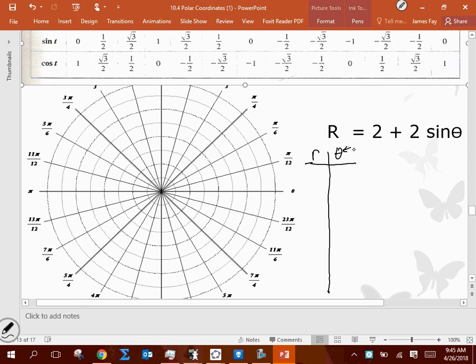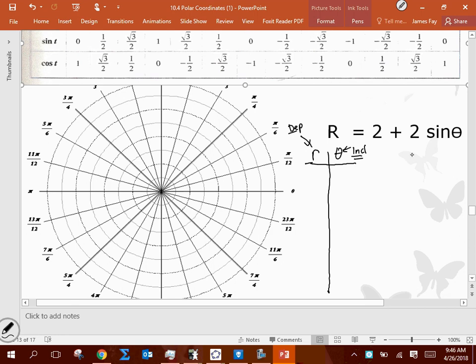Theta is actually the independent variable here, and r is going to be the dependent. And that's because we know the sine of certain thetas.